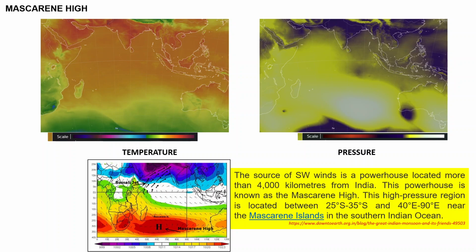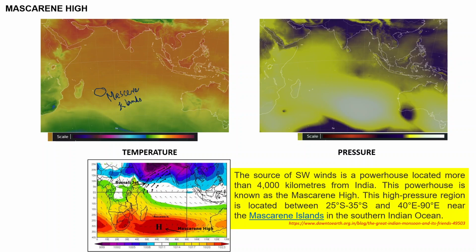In the Indian Ocean, near the Mozambique African coast, there are islands near Mauritius, somewhere over here. These are the Mascarene Islands.